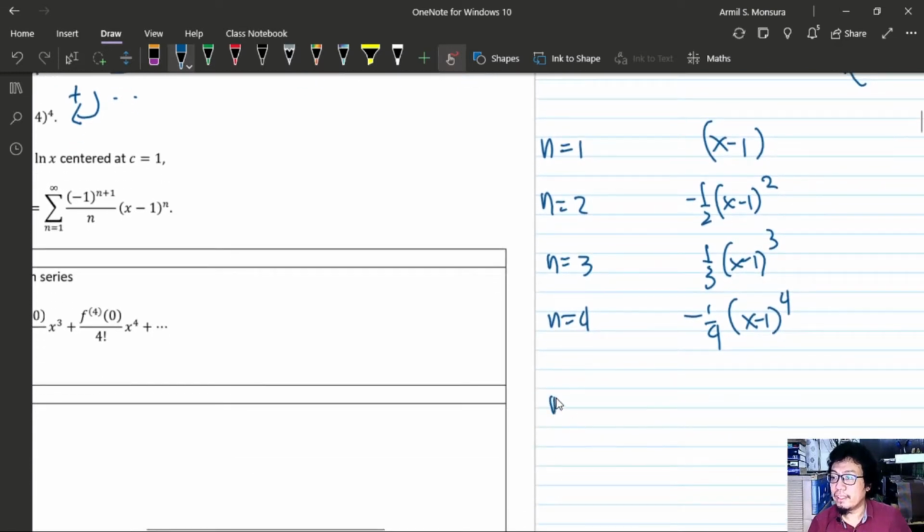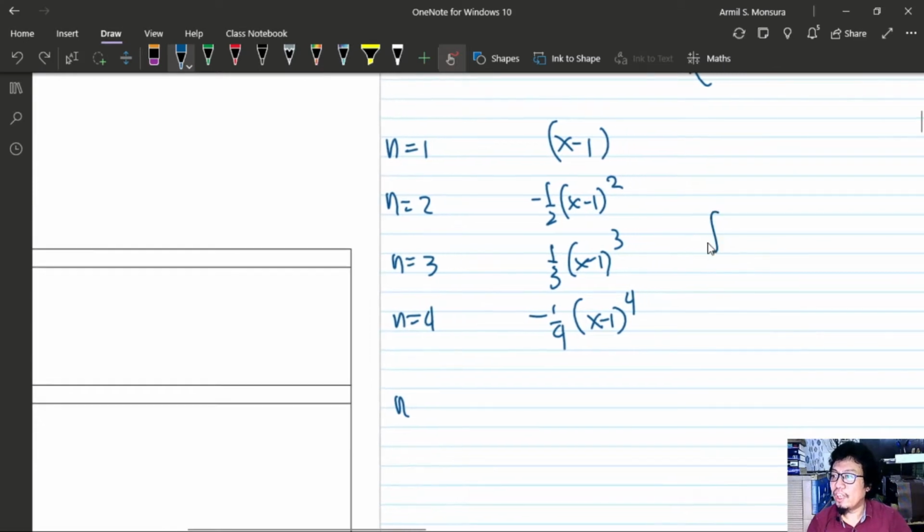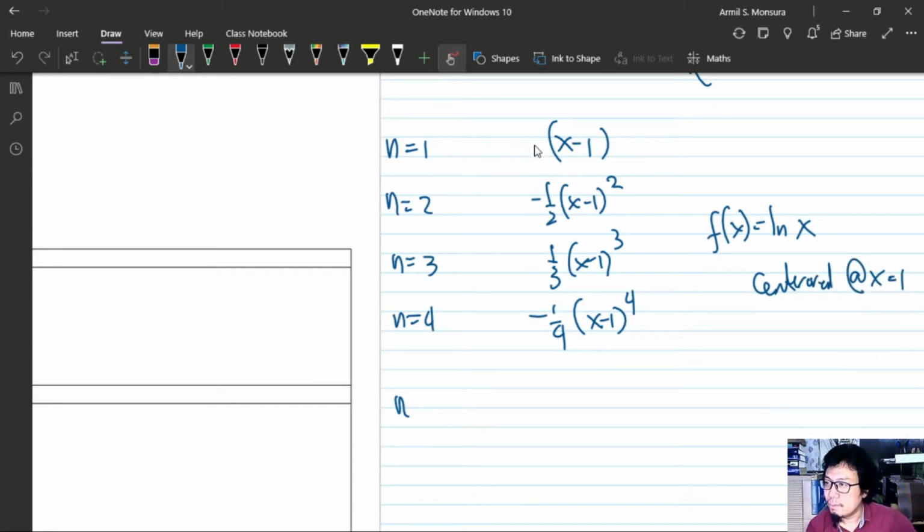If we can find a pattern around these first few terms, then we can write the nth term for this function, that is f of x equals ln of x, centered at x equals 1. First of all, you have your sign. This is an alternating series, with all the odd terms positive and even terms negative.